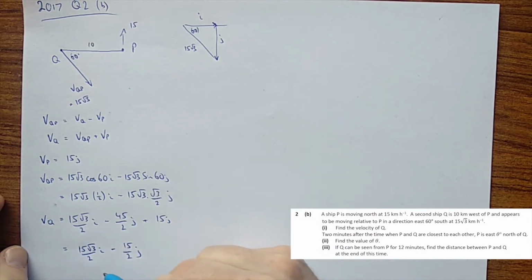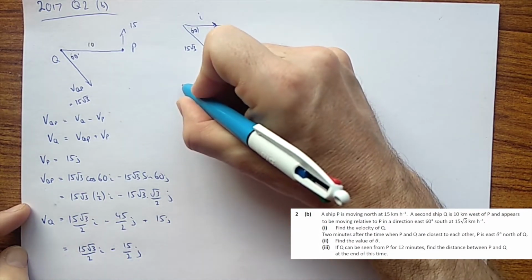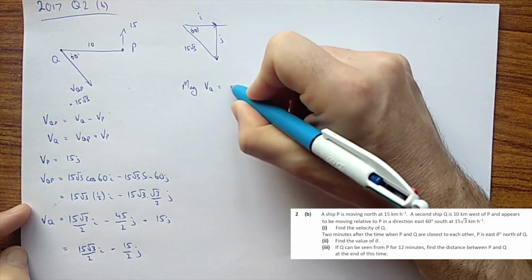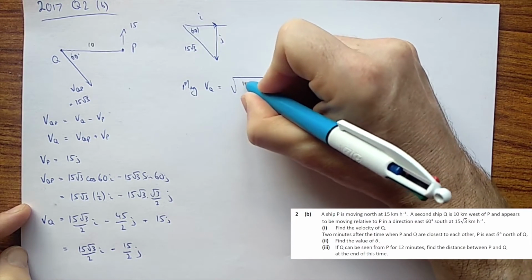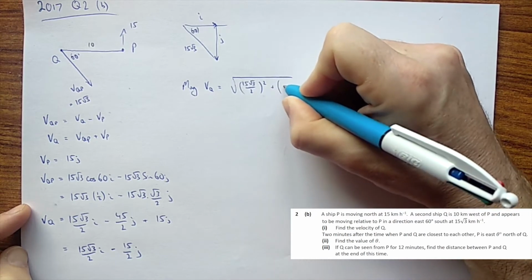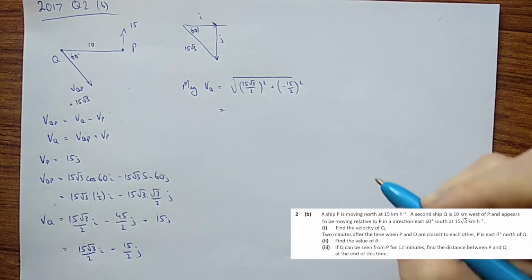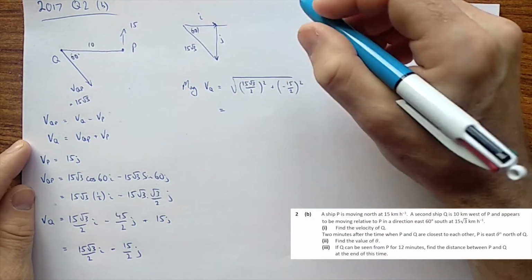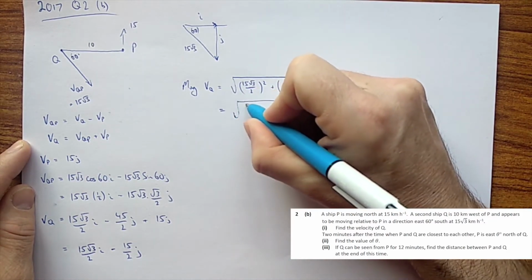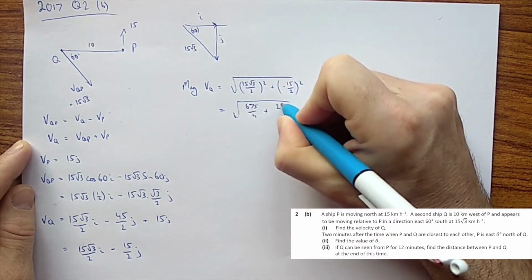Now like all of these things, we need to work this out in a magnitude and direction as well. So we'll come back up here for this one. The magnitude of VQ is the square root of (15 root 3 over 2) squared plus (15 over 2) squared, and that, a small bit messy, is going to equal the square root of 675 over 4 plus 225 over 4.